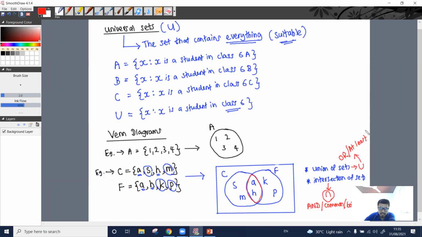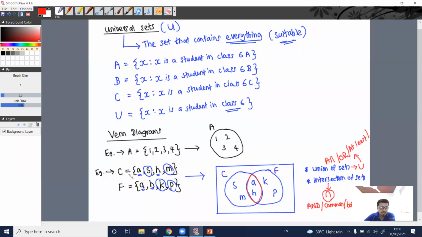Here, for 'at least', what other words can be used? All. All, at least, words like these are what is implied in the union. The terms like and, common, both, those are applied through the intersection of sets. The common area. The students who like both cricket and football is talking about the intersection of sets.